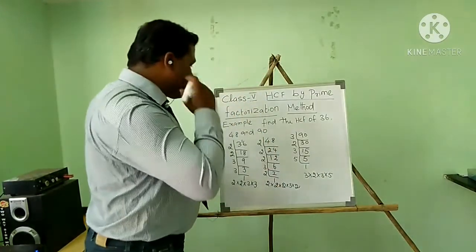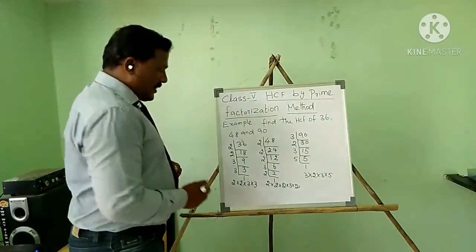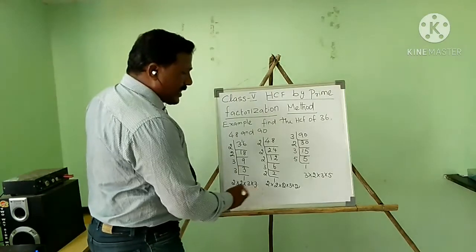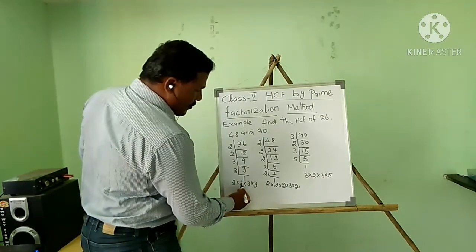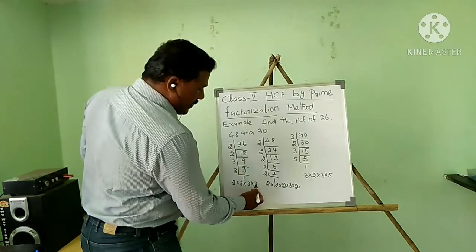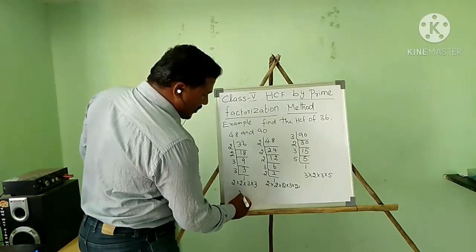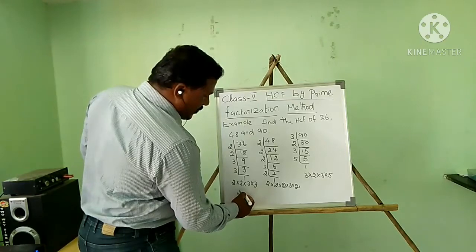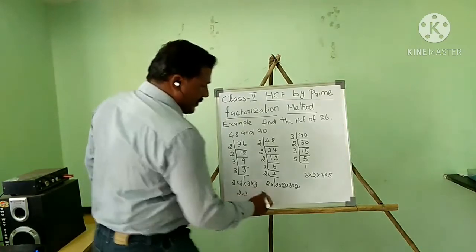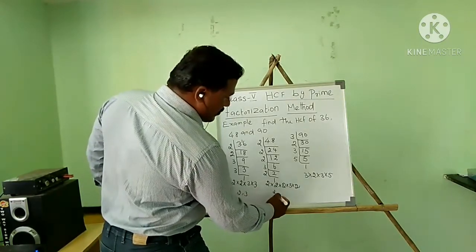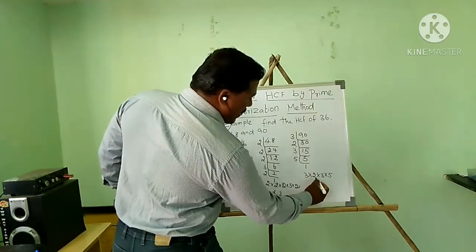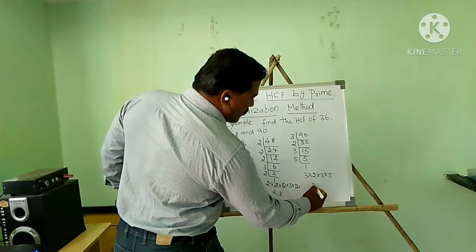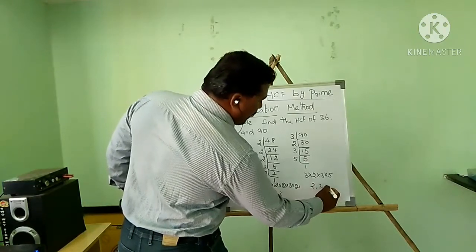These all are factors. So now we have to take common factors. Here 2, how many 2s are there? 1, 2, 3. So here I will take 1 2, and 3 common. Here common 2, 3, 5.